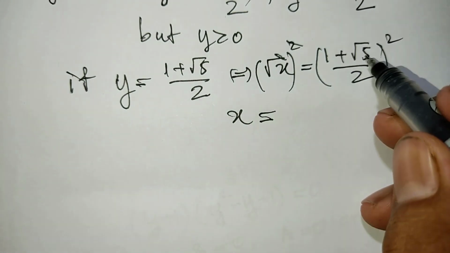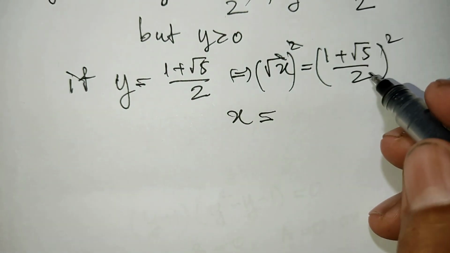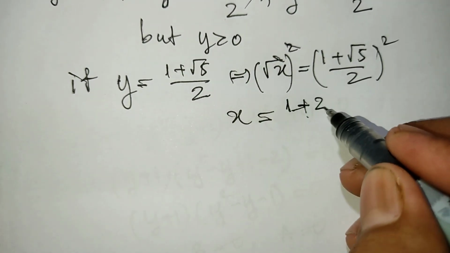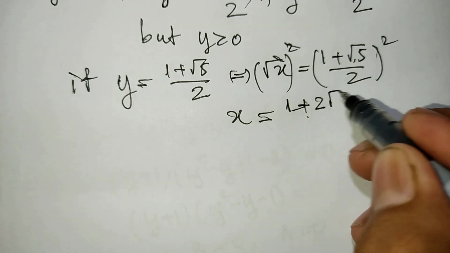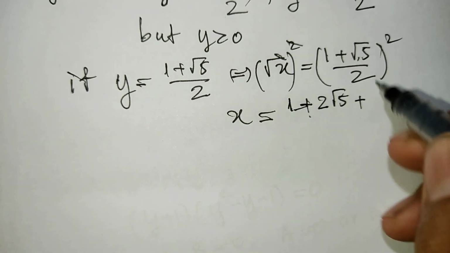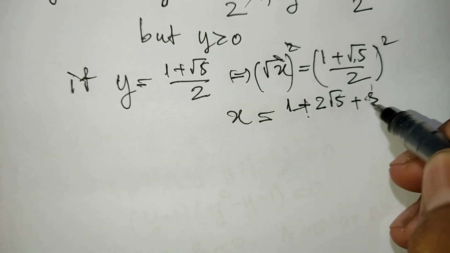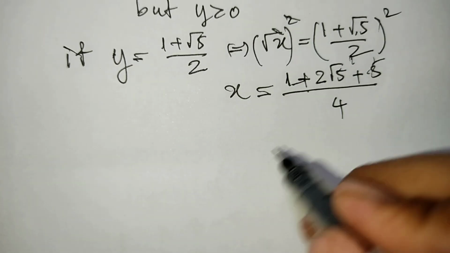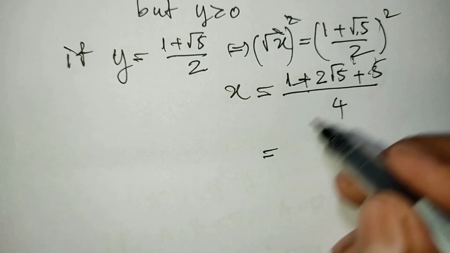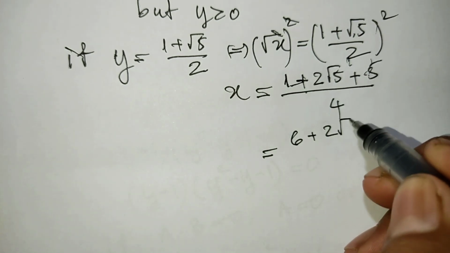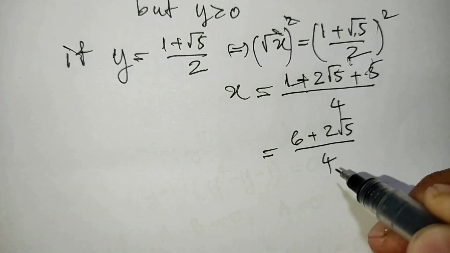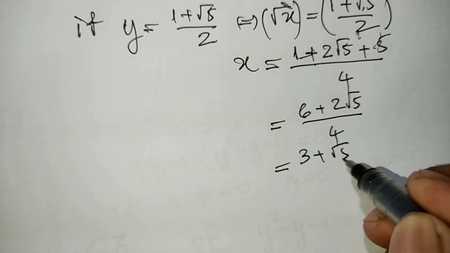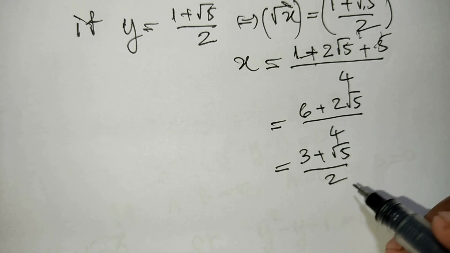And equal, here we use the formula that we get 1 plus 2 times 1 times square root 5 plus square root 5 squared equal 5, and divide by 2 squared is equal 4. And equals 6 plus 2 square root 5 divided by 4. And divide by 2, we get 3 plus square root 5 divided by 2.